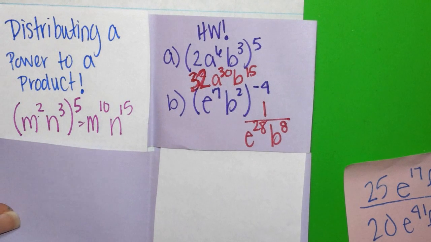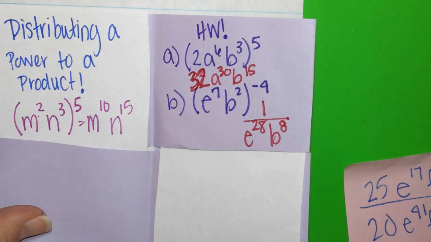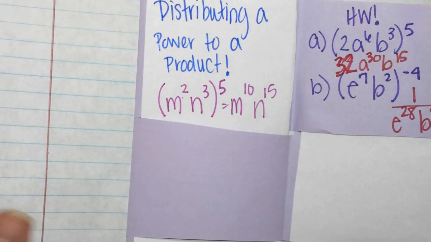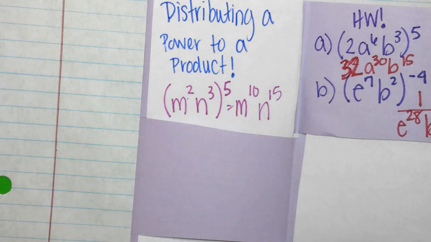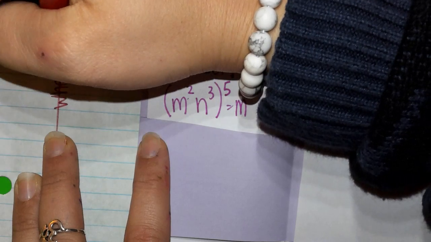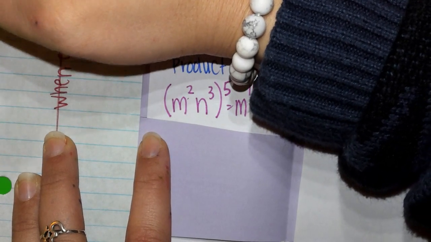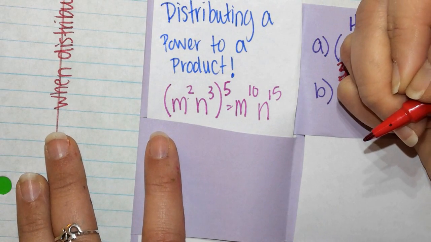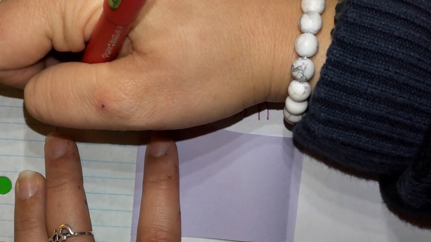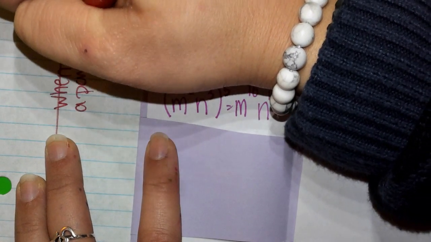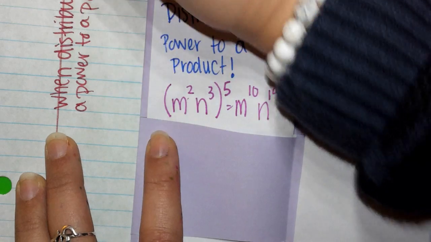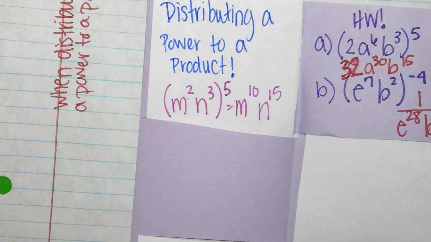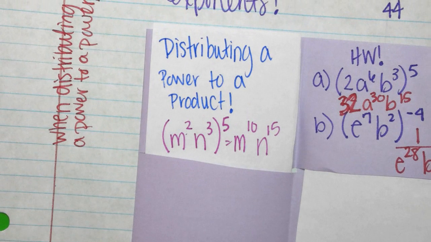You can write it over here. So let's write that. When distributing a power to a power, do you multiply everything or do you multiply each exponent by what's on the outside?